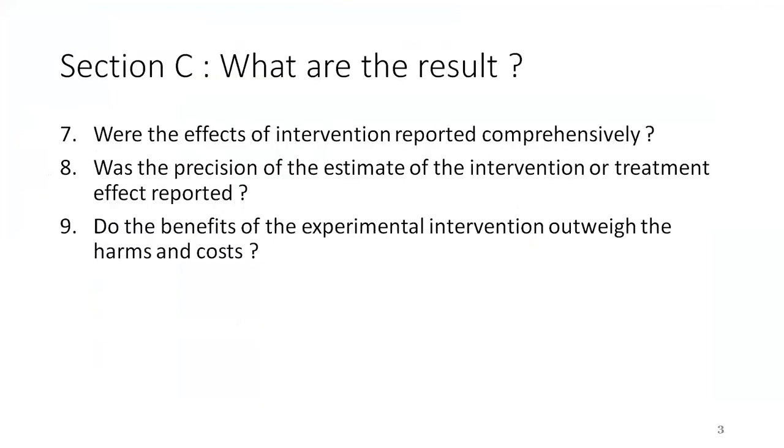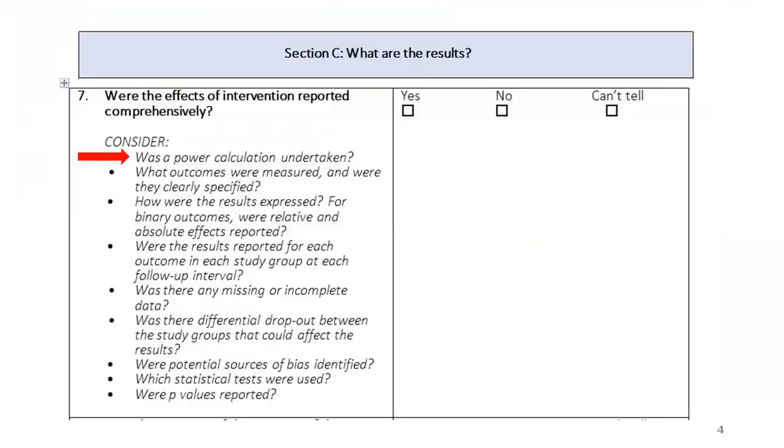Yeah, so basically I'm discussing section C, what are the results? In question 7, was the effect of the intervention reported comprehensively? To consider this question as no or can't tell, we have to consider different questions. First is, was a power calculation undertaken? A power calculation is made before the study to calculate the sample size necessary to detect the difference between the outcome in the control and intervention group.